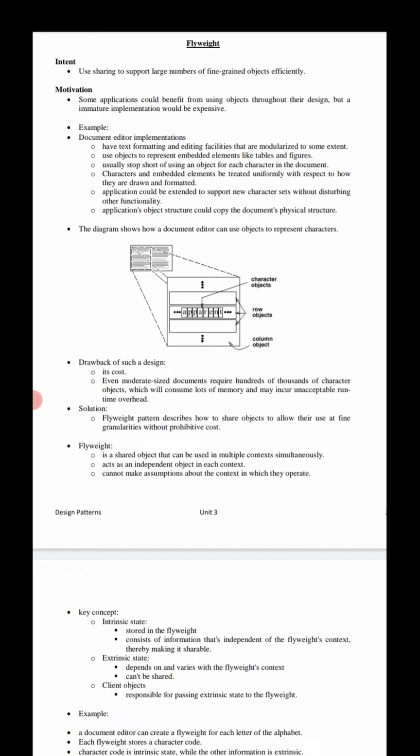For example, we are studying a document editor implementation. It has some text formatting. Look at the diagram here. The diagram shows how a document editor can use objects to represent the characters.